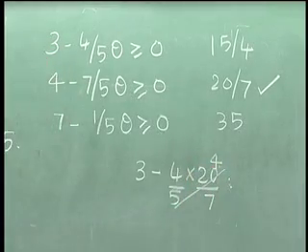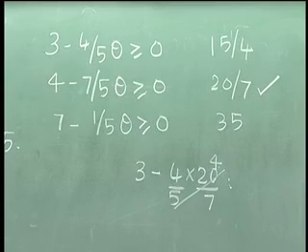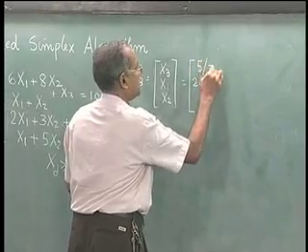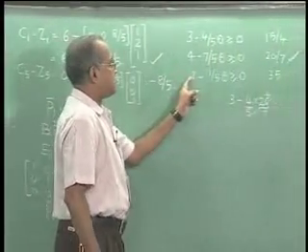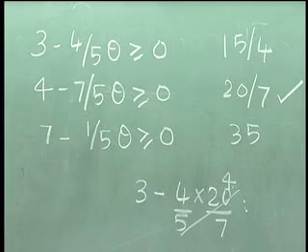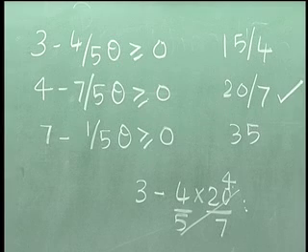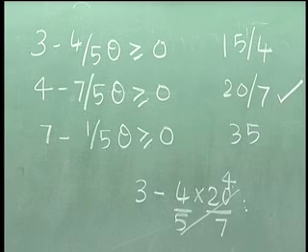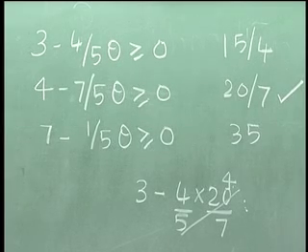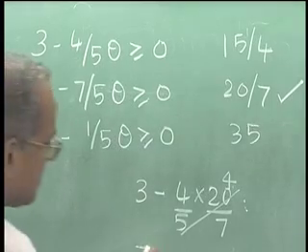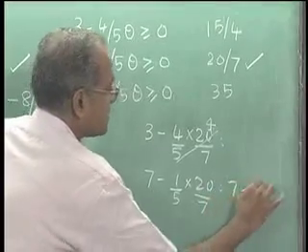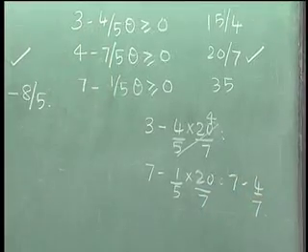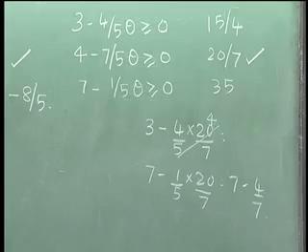So, this would give us 21 by 7 minus 16 by 7, which is 5 by 7, and the third one will be 7 minus 1 by 5 theta. So, 7 minus 1 by 5 into 20 by 7, which is 7 minus 4 by 7, which is 45 by 7.